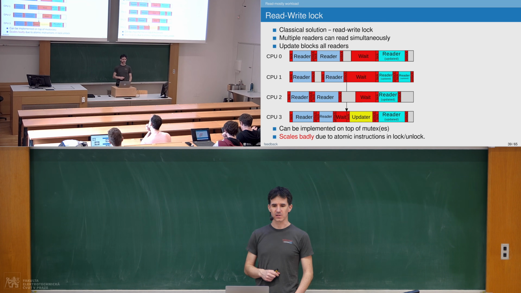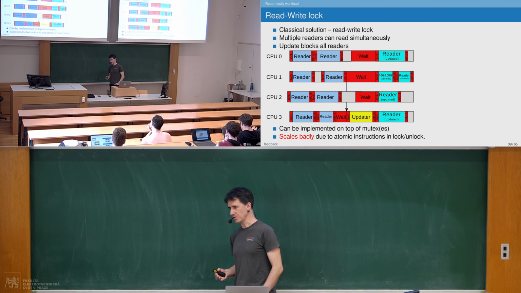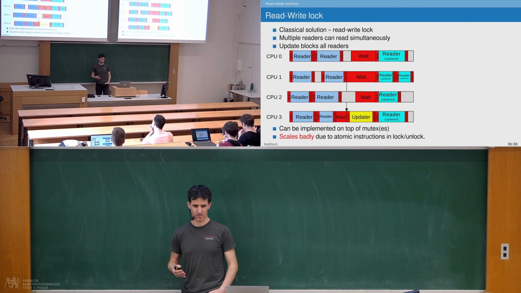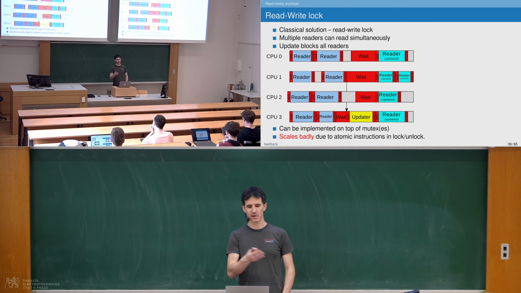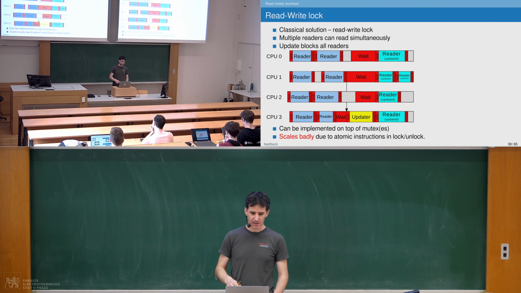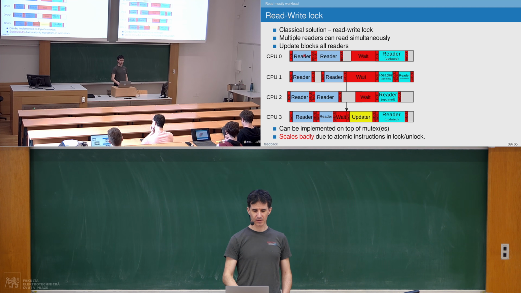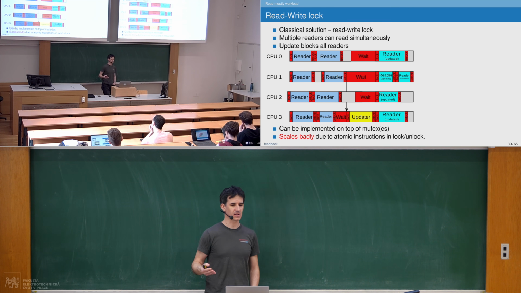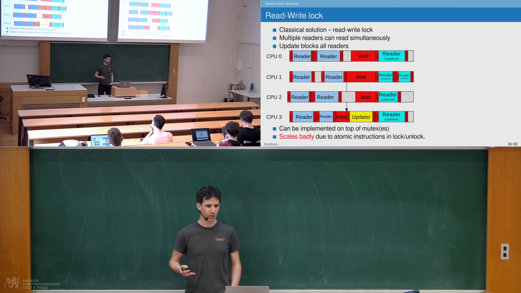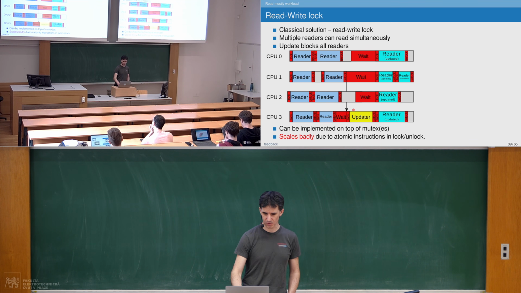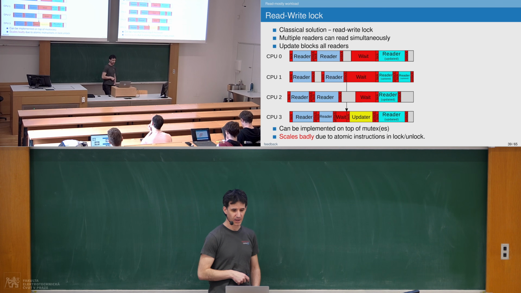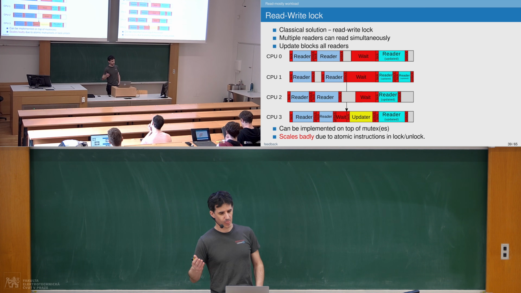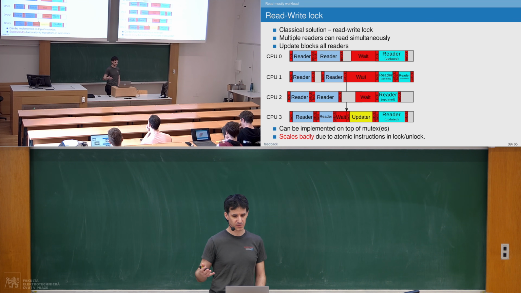Most likely you have heard about read-write locks, which allow implementing synchronization for readers and writers separately. A read-write lock allows multiple readers to execute concurrently, and only if you are updating data, no reader can execute. This is much better than using mutexes, of course.